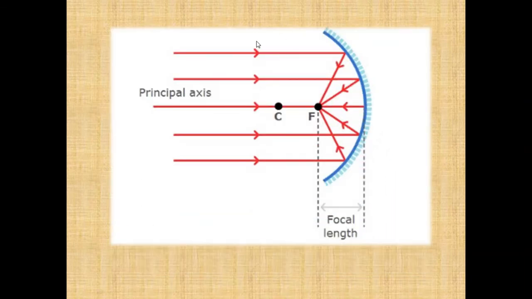Here you can see parallel rays of light are coming. After striking the mirror, they are passing through the actual focus. So they are actually meeting at this point, and this point is in front of the reflecting surface. Therefore it is known as the converging mirror and it forms the real image.